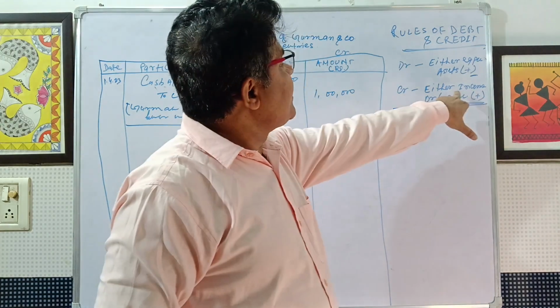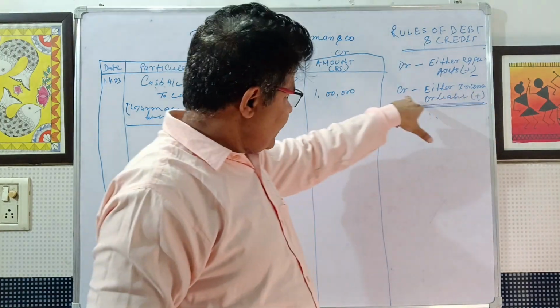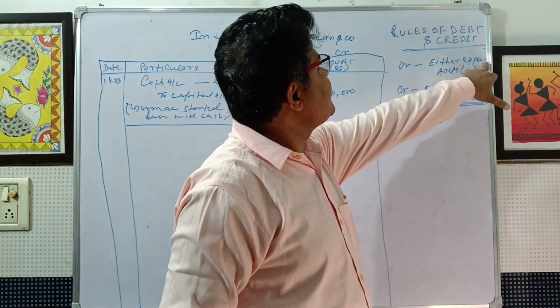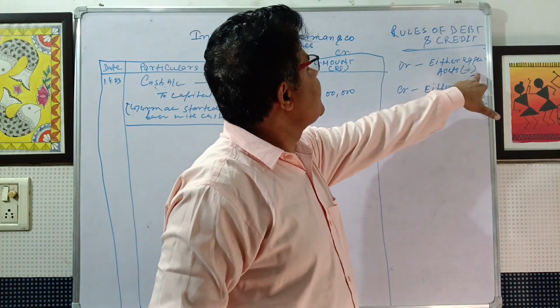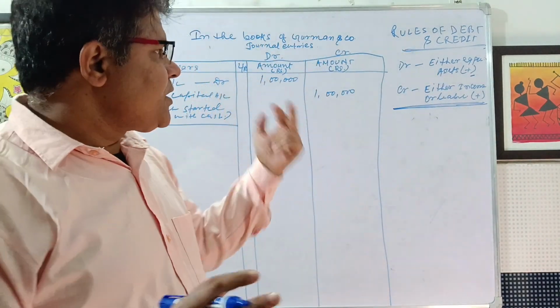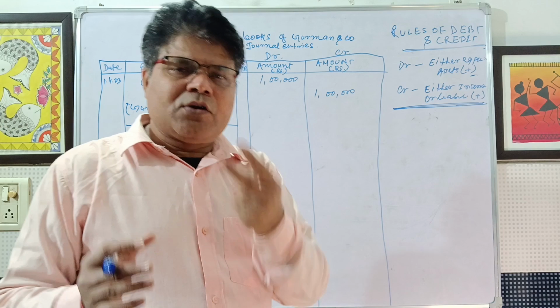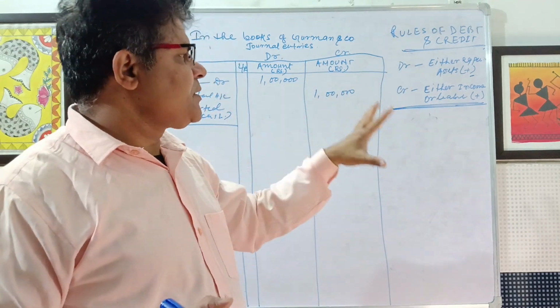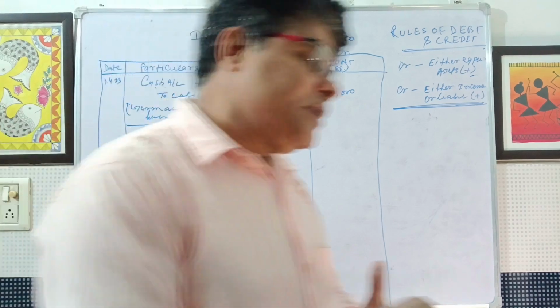If income increases, credit; liability increases, credit; but expenses increase, debit; assets increase, debit. Just learn two lines: debit means either expenses or assets, credit means either income or liability.